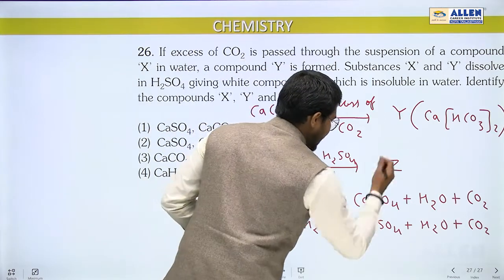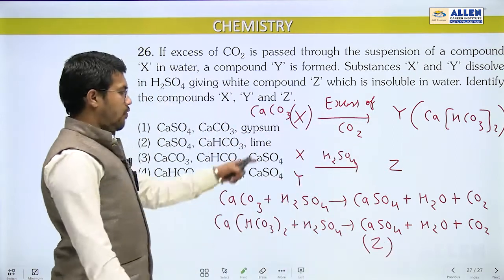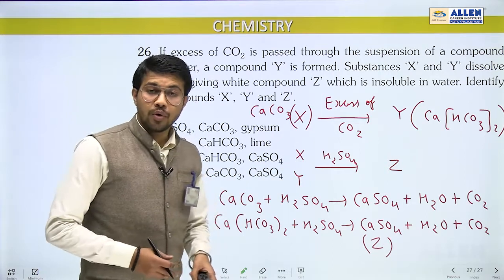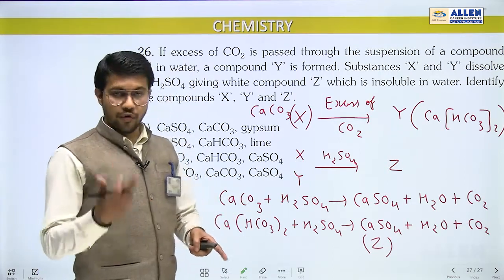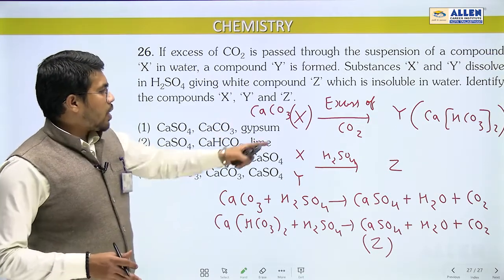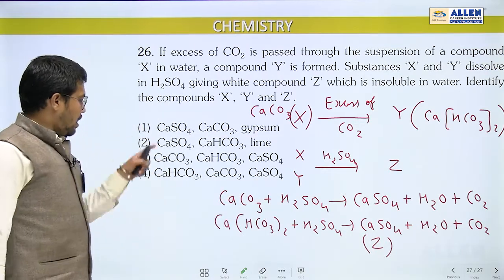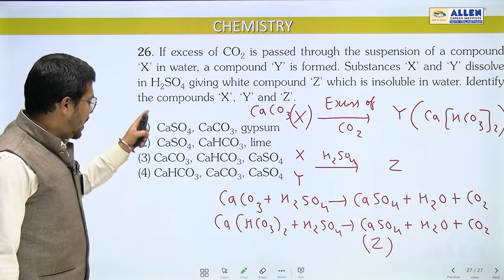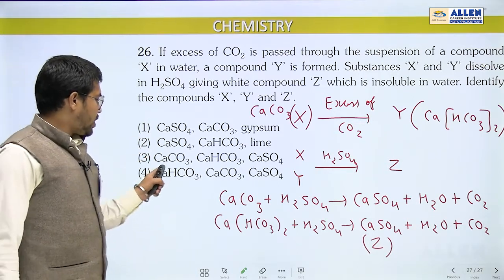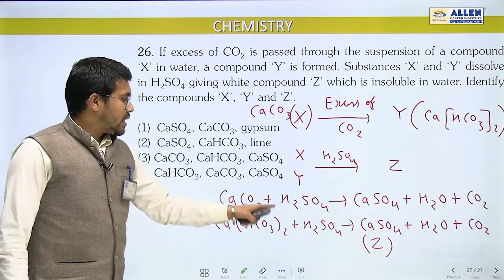So the Z compound is CaSO4, which forms when X and Y react with H2SO4, and calcium sulfate is obviously insoluble in water. So X is calcium carbonate, Y is calcium bicarbonate, and Z is calcium sulfate. From the options, in the third option X is calcium carbonate, Y is calcium bicarbonate, and Z is calcium sulfate.